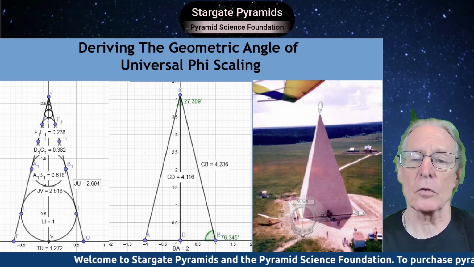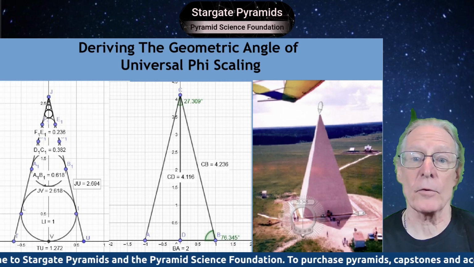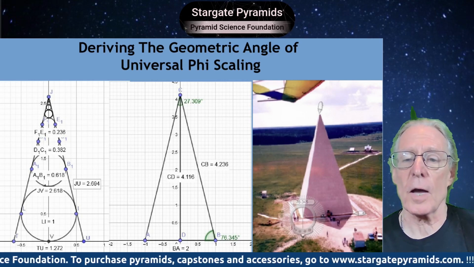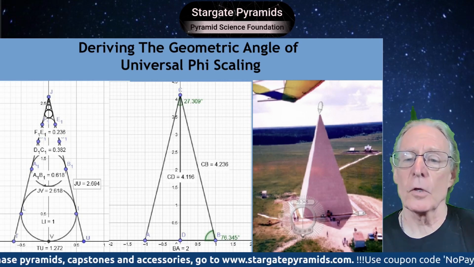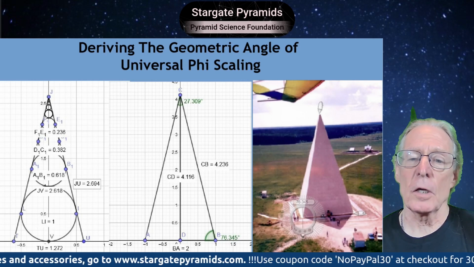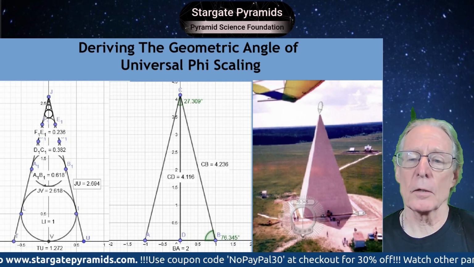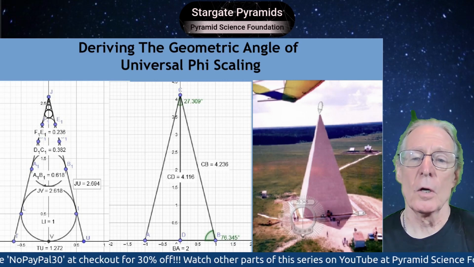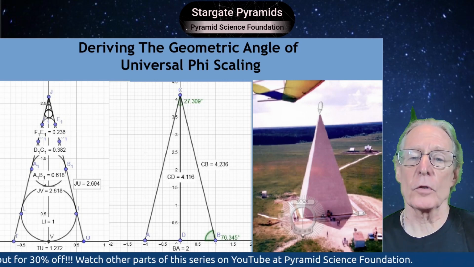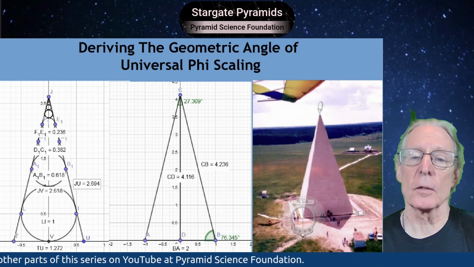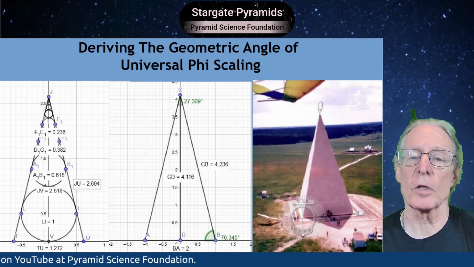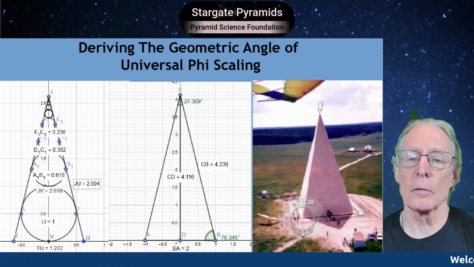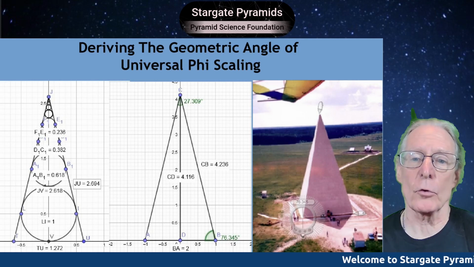I decided, in this case, in two dimensions, because it's easier to graph, I took a circle with a diameter of 1, and I started stacking circles on top of it. In each one of those circles, the diameter is the previous diameter divided by phi, or 1.618. So we get 0.618 in the second, 0.382, I believe it is, and 0.236 as our resultant, and it keeps going on forever.